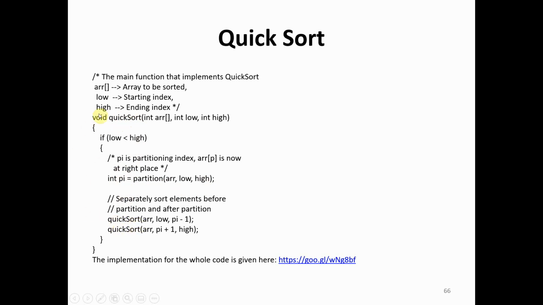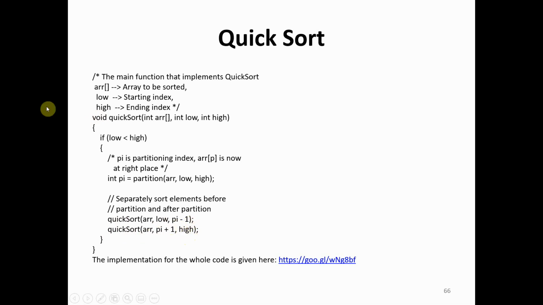So we call the same function, this time for the array from the same low index all the way to pivot -1, and call the quicksort function for the same array from pivot +1 all the way to high.